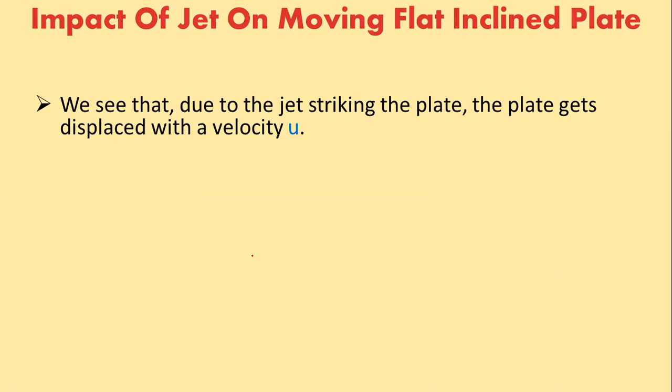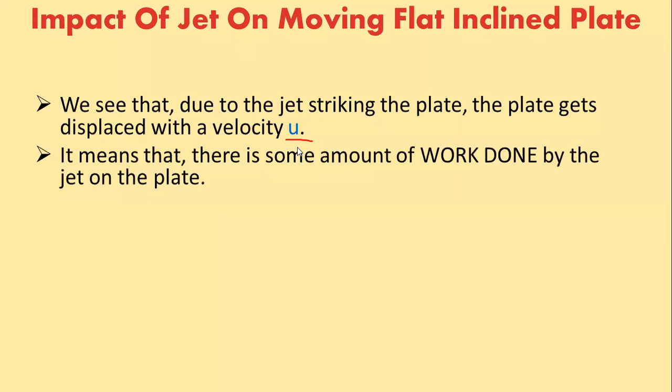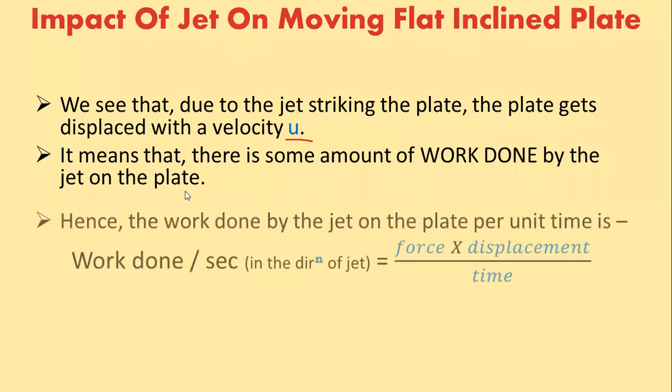Now we will find out the work done by the jet striking the plate. Due to the jet striking, the plate gets displaced with a velocity u. It means that there is some amount of work done by the jet on the plate.